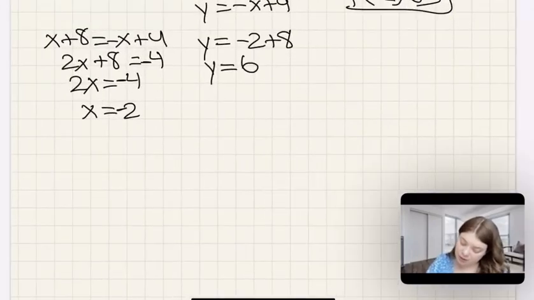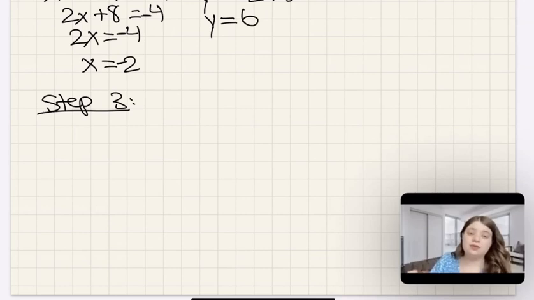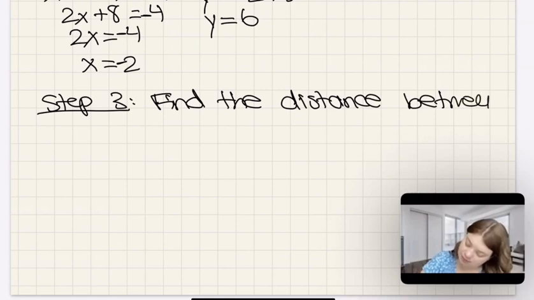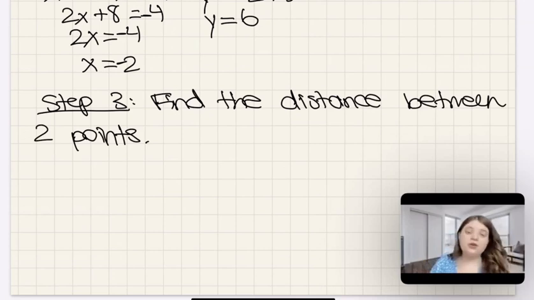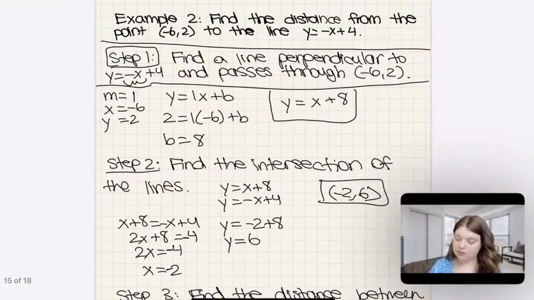And so now step 3 is to find the distance between those 2 points. To do this, we're going to use the distance formula. Back in Unit 1, we did a whole session about the distance formula. And same with step 1, there was a whole video in this unit, Unit 3, about finding a line perpendicular to another line passing through another point.